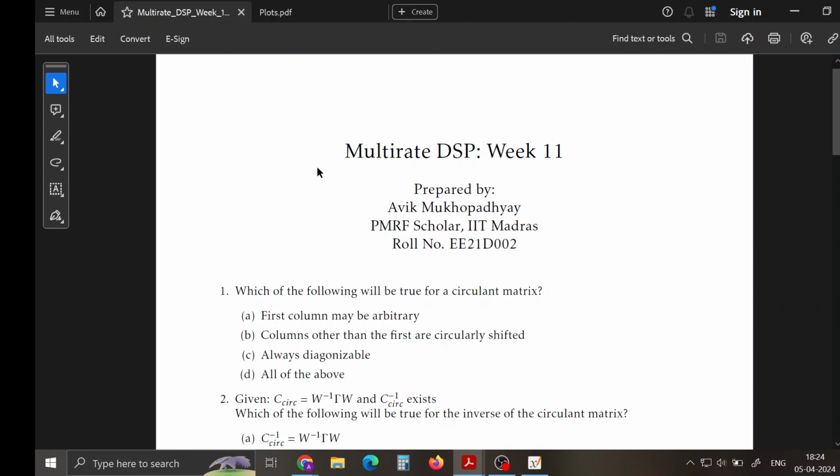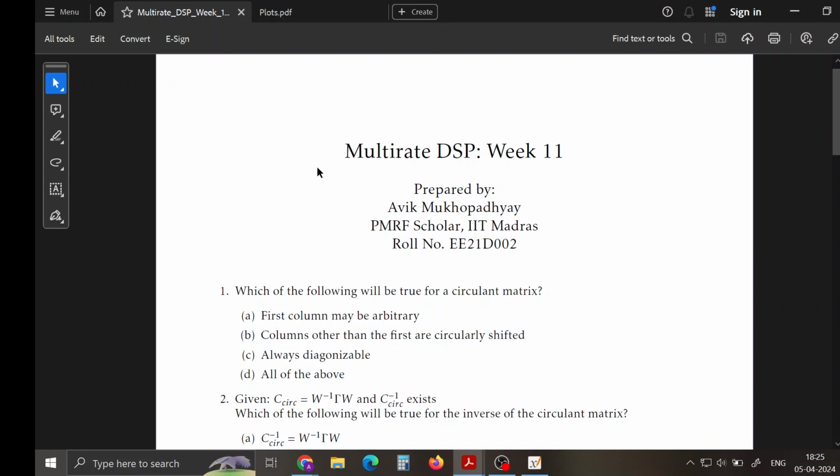The third column is a circular shift of the second column by one place. The fourth column is a circular shift of the third column by one place. So every column starting from the second column onwards is a circular shift of its preceding column by one place. That's the property.